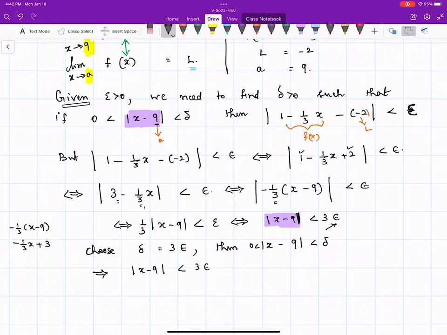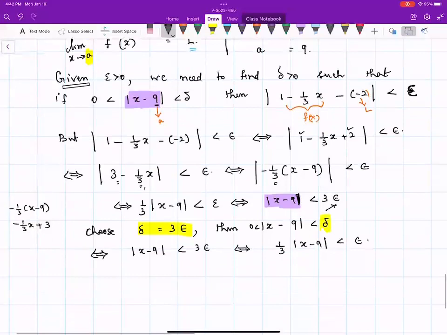Because we are choosing delta equal to 3 epsilon. If I divide both sides by 3, 1/3 of absolute x minus 9 will be less than epsilon, which is exactly similar to this step.